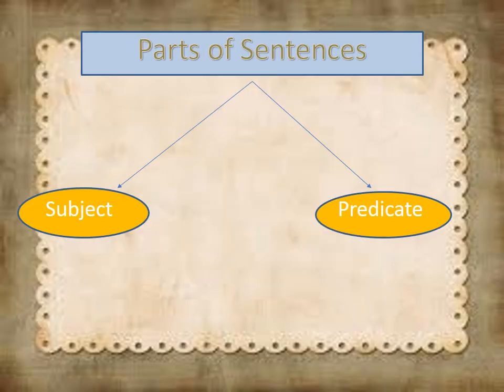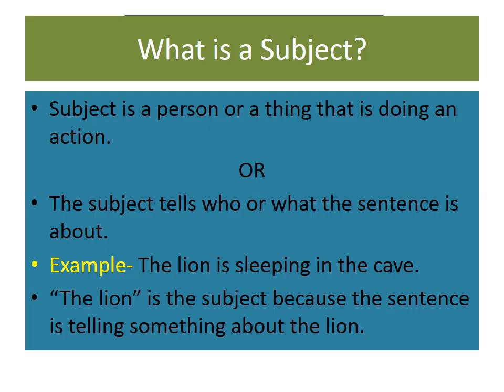Each sentence has two parts, a subject and a predicate. Now the question comes in mind, what is subject? Generally people say that king and his subjects, it means subject here means people. But in English, the meaning of subject is different.